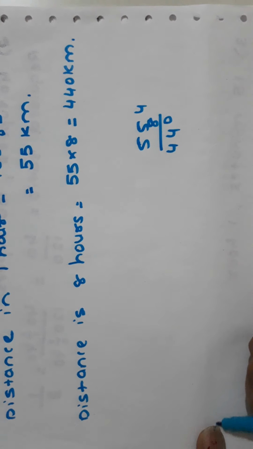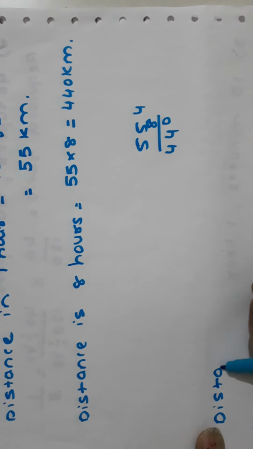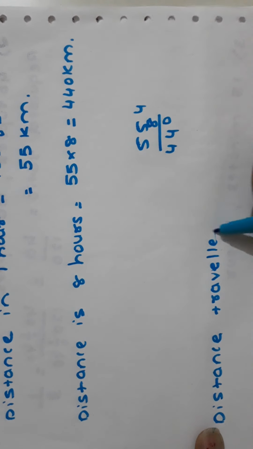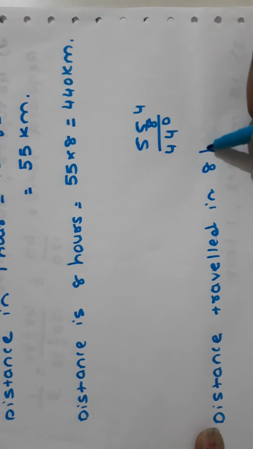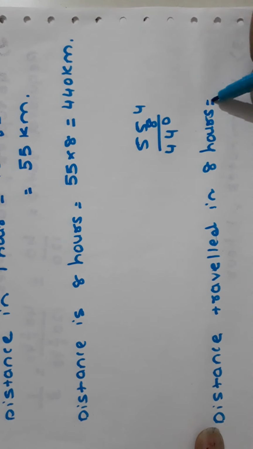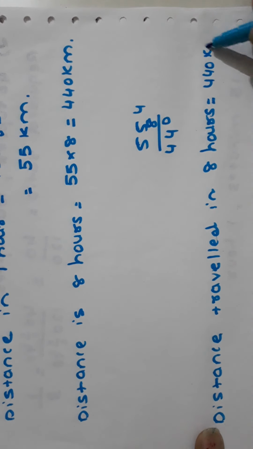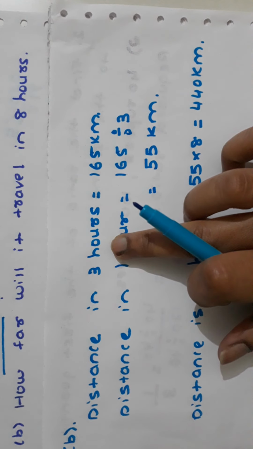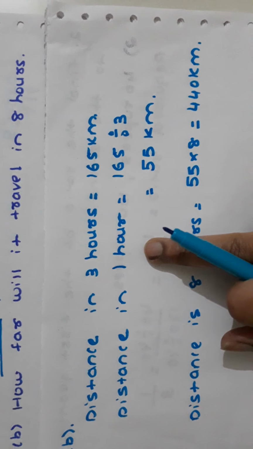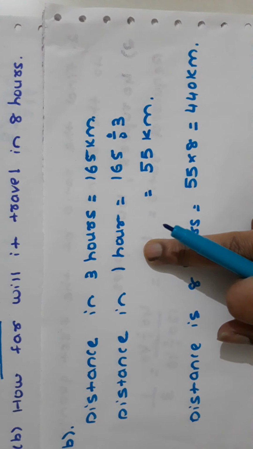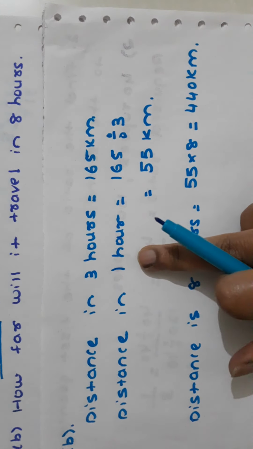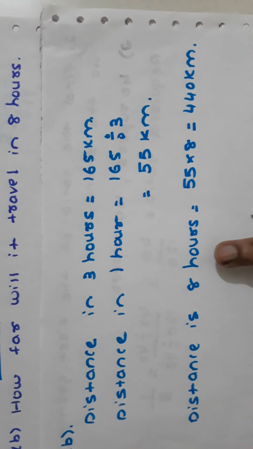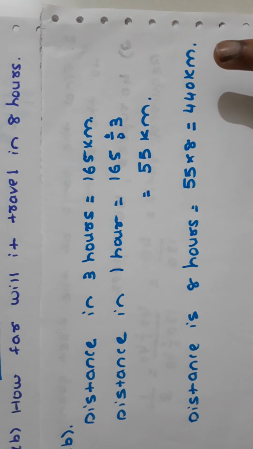So the distance traveled in 8 hours is equal to 440 kilometers. So from 3 hours we find the distance in 1 hour using the operation of division. From many to 1 we will use the operation of division, and from 1 to many we use the operation of multiplication.